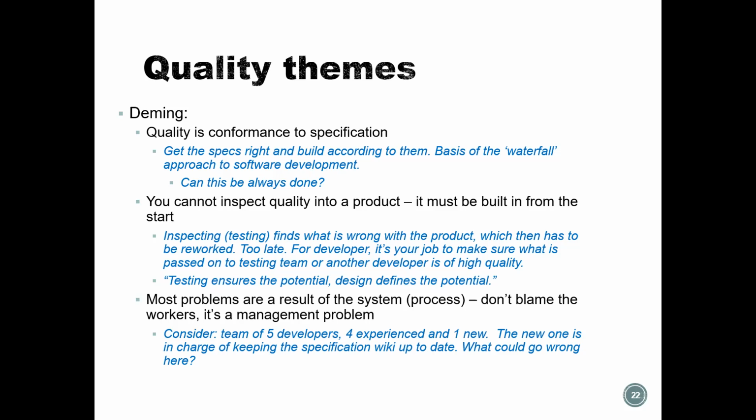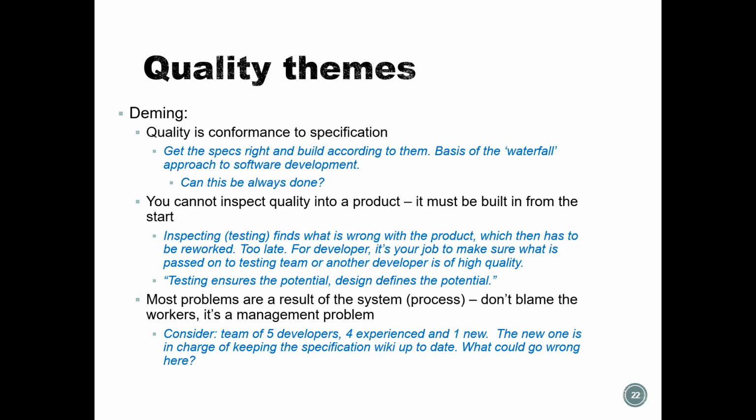For example, consider a team of 5 developers in which 4 are experienced people and 1 is new. The new one is in charge of keeping the specification up to date. What could go wrong here? This is a simple question I have for you.